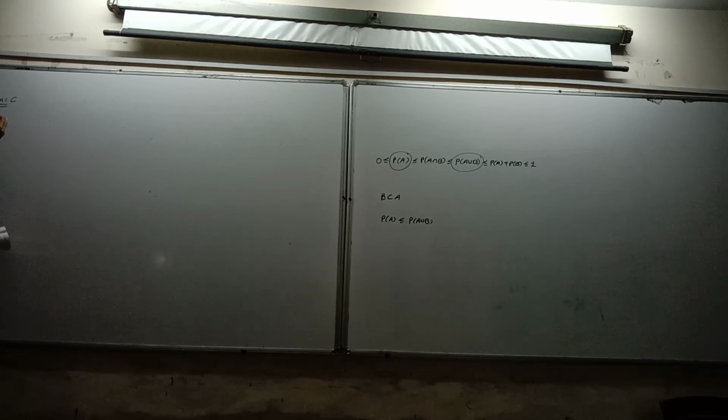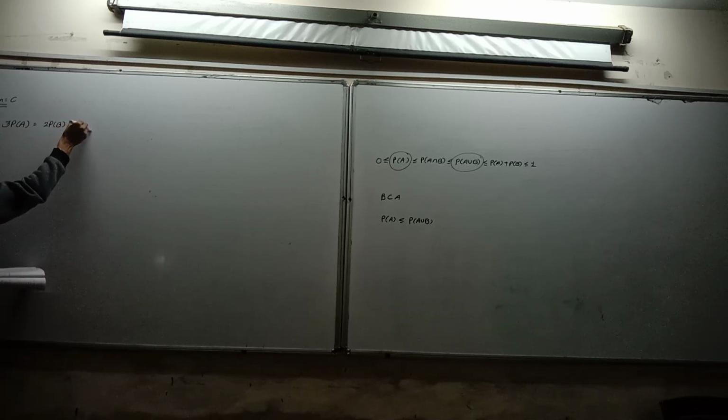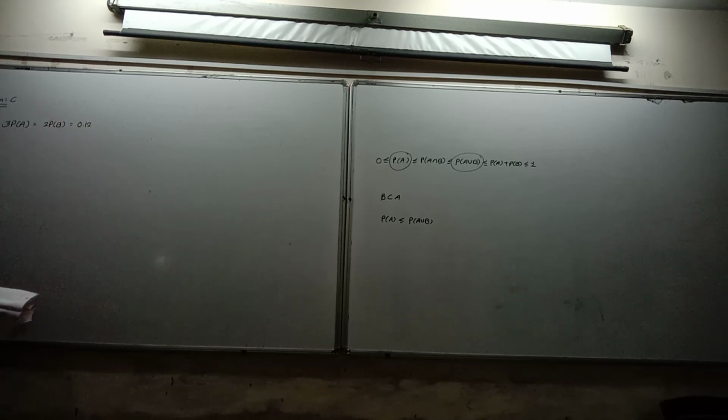Write down 3P of A is equal to 2P of B is equal to 0.12.